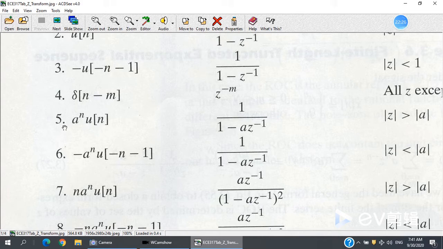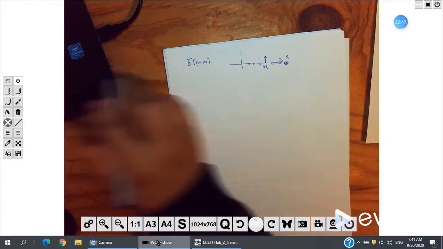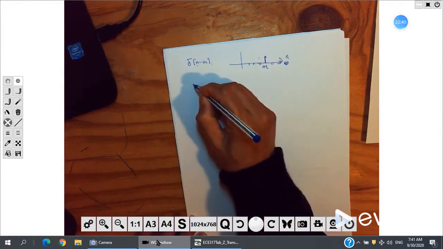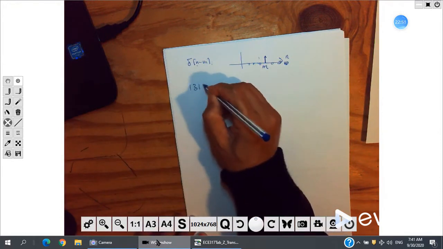For the fifth row, the ROC is the absolute value of z larger than the absolute value of a. So actually this is a circle, right? You can see. Let me write here: z larger than some a.